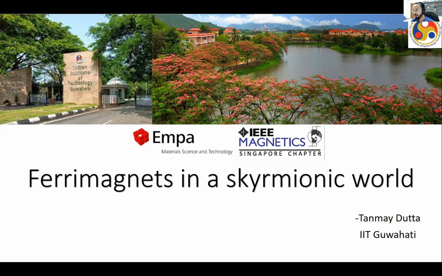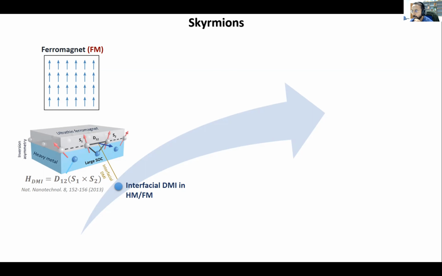I would begin today's talk with very basic things first. Most of us in this talk are probably aware of what skyrmions are. These are walls of magnetization which were stabilized recently in thin film multilayers, and before that in B20 crystals, and currently they are mostly studied in thin film multilayers.